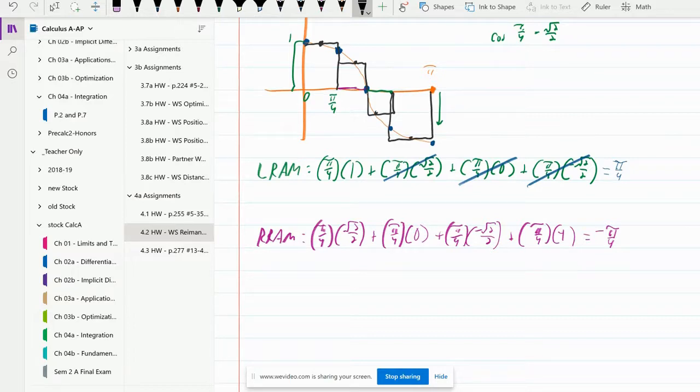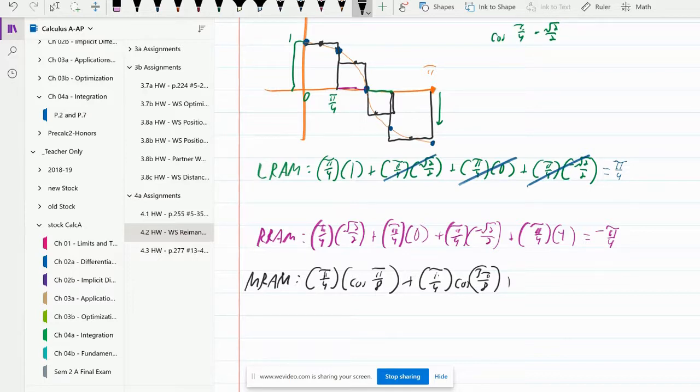So midpoint, MRAM, is going to be equal to pi over 4 times the cosine of pi over 8, plus then pi over 4 times the cosine of 3 pi over 8. So we get pi over 8, 3 pi over 8.